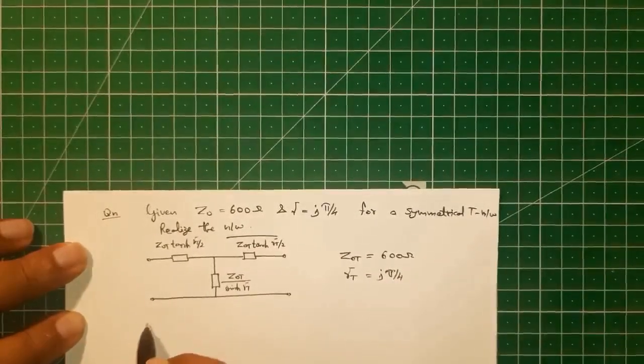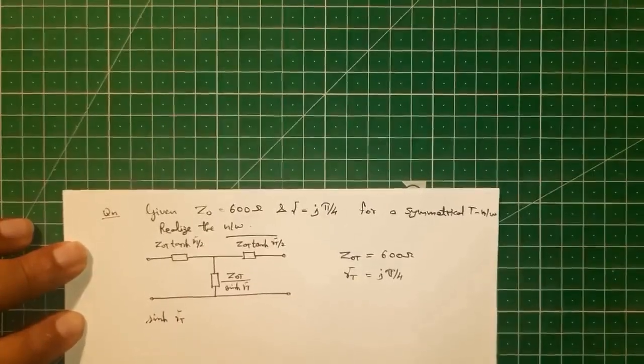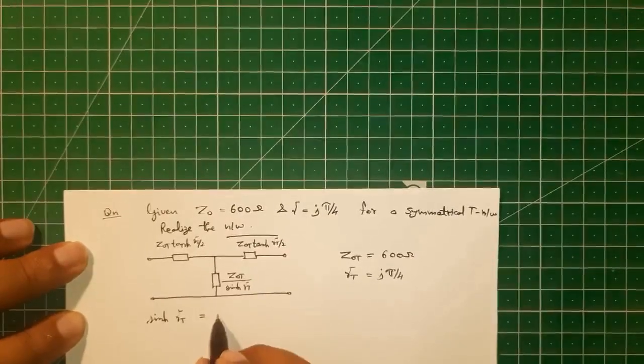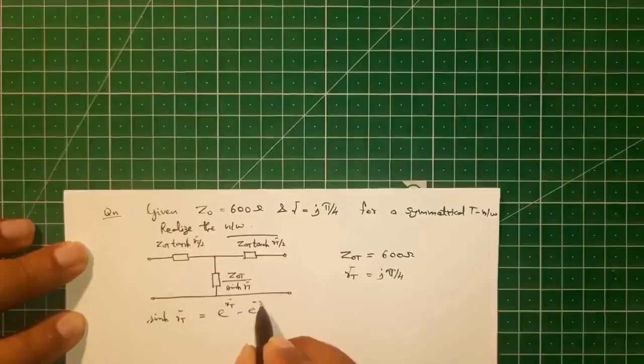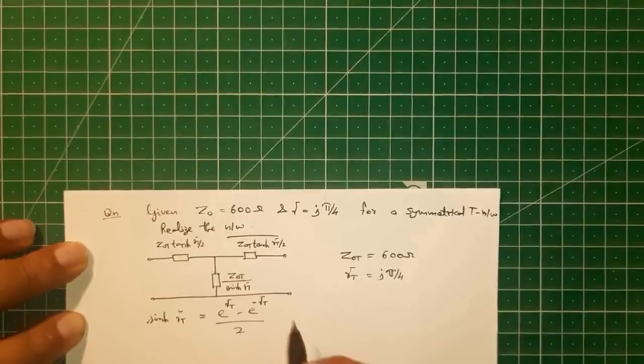Now we need to evaluate sinh gamma T. So what is sinh gamma T? It is e power gamma T minus e power minus gamma T divided by 2.